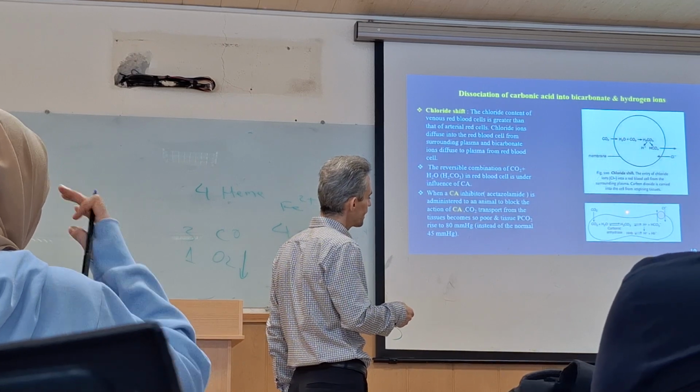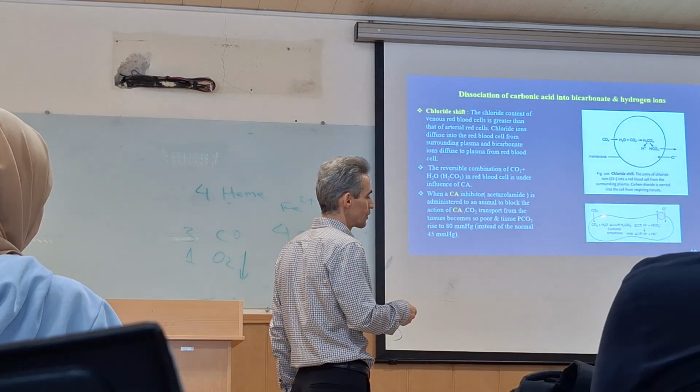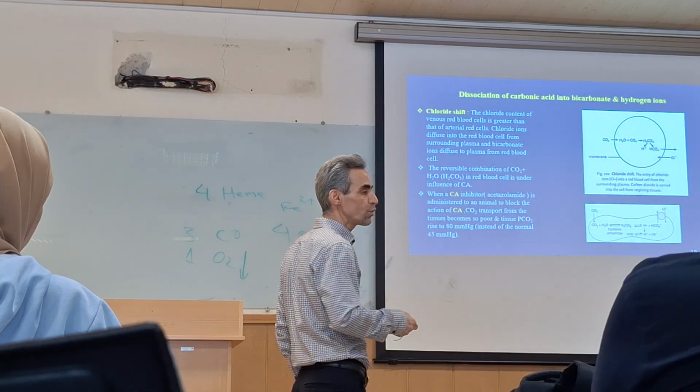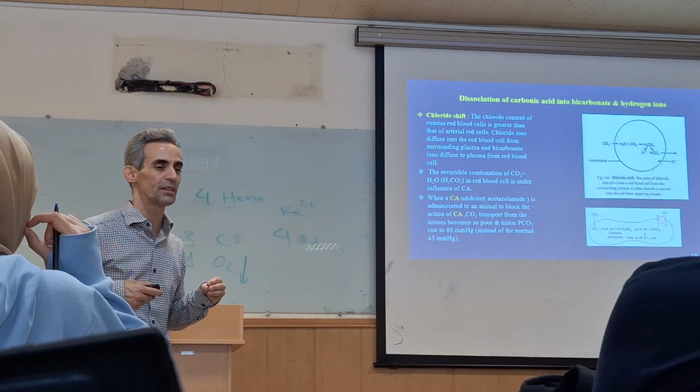But here again, you can see that when the carbon dioxide reacts with the water, you can see this reaction, carbon dioxide plus water. For this reaction, we need a catalyst.